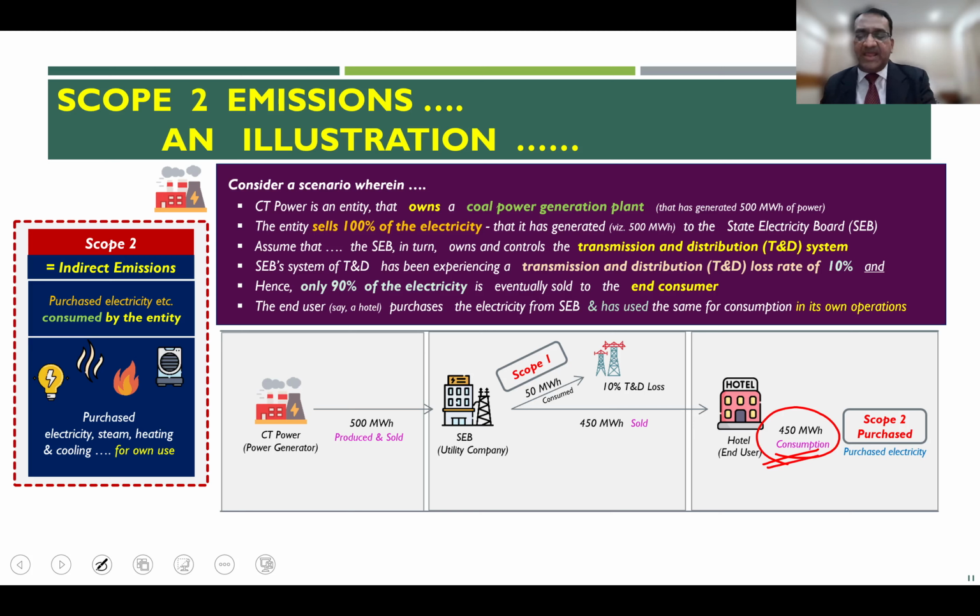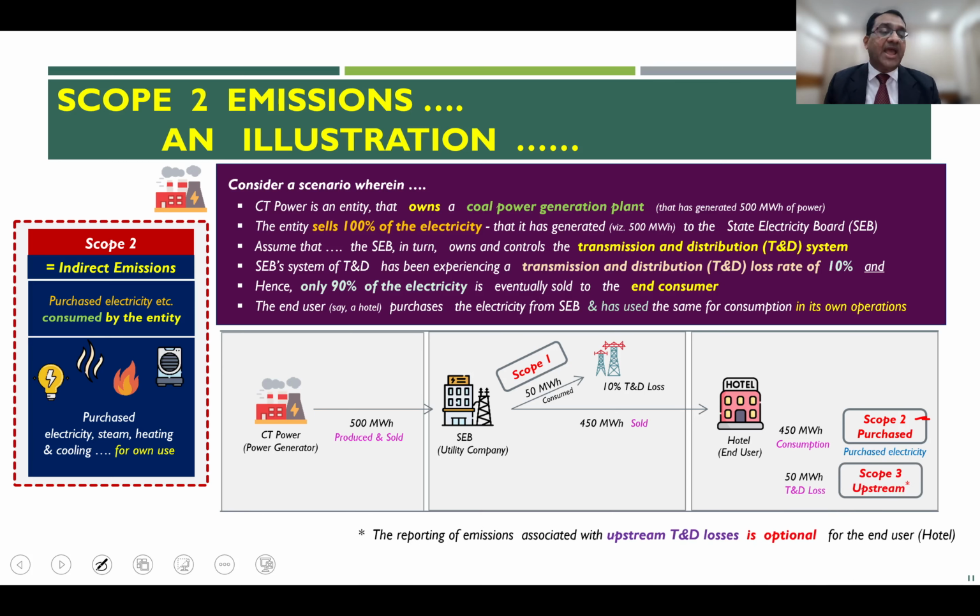All I'm trying to explain is that corresponding to this 450 megawatt of power consumption, the emission is a scope 2 emission for the hotel, because the hotel is purchasing electricity. Purchased electricity is an indirect emission falling under scope 2. So for the hotel, the emission on account of this 450 megawatt of power being consumed is scope 2.